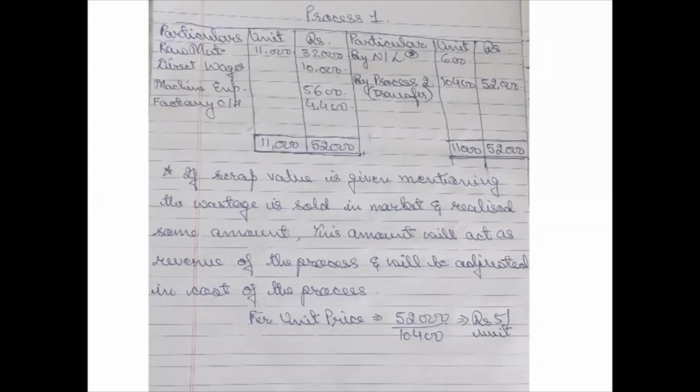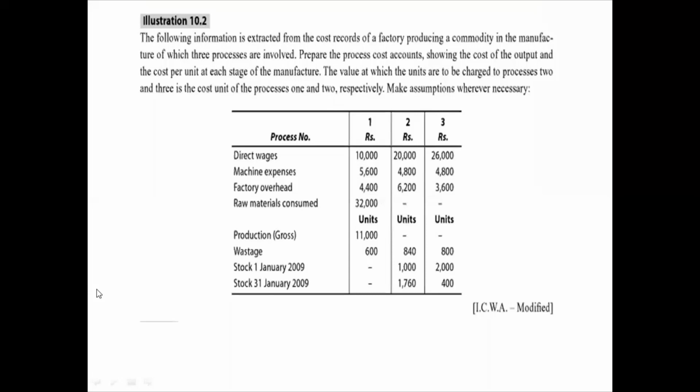All right, now let us come to the output side. How are we going to identify that? First and foremost, identify how much loss is assumed in the process. It is being said that 600 units are being lost in the process.